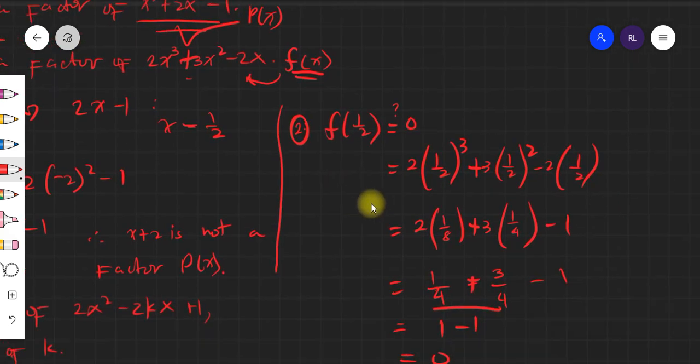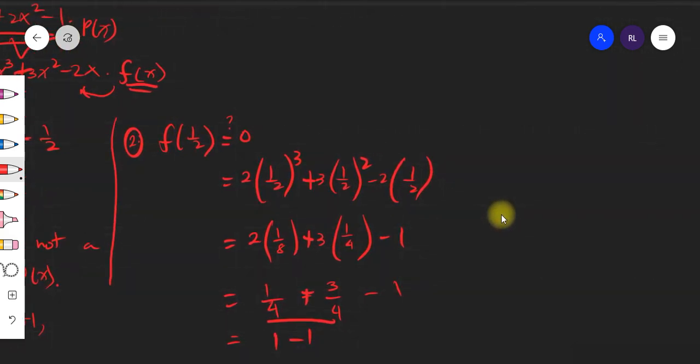Therefore, 2x minus 1 is a factor of 2x cubed plus 3x squared minus 2x, which is the f of x.